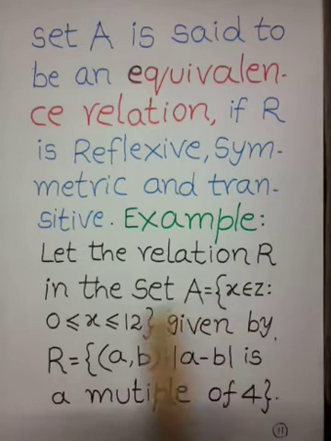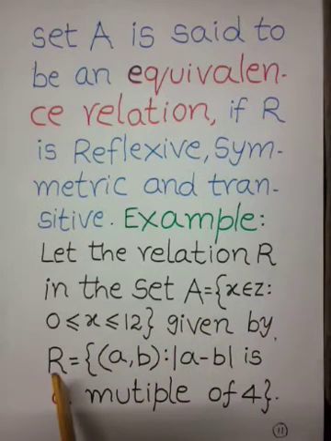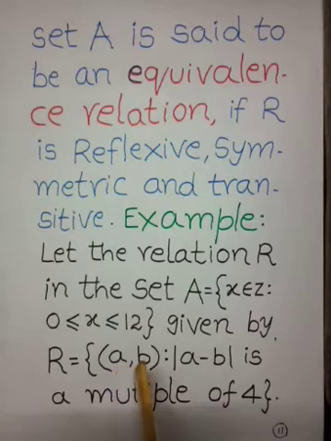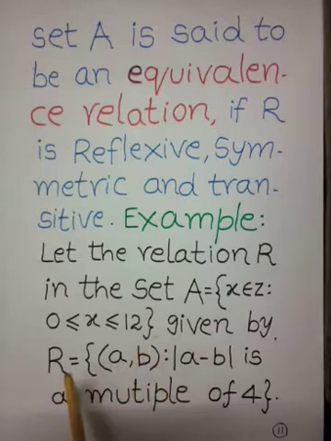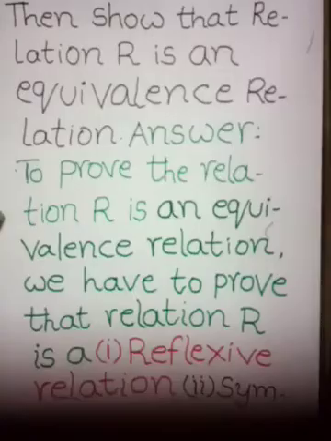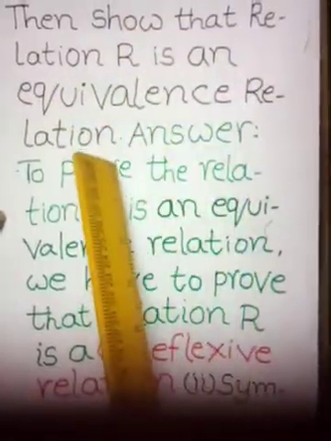This is the given set A. And R is given by the set of all ordered pairs (a, b) such that modulus of a minus b is a multiple of 4. This is the given relation. Then we have to show that the relation R is an equivalence relation.